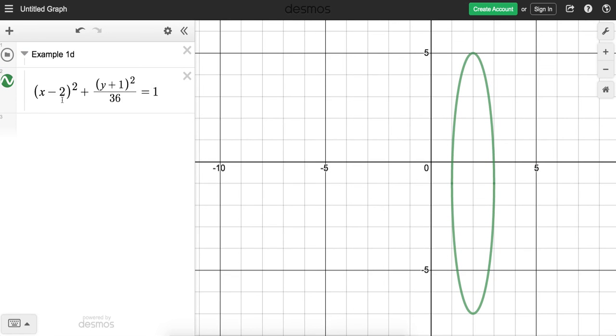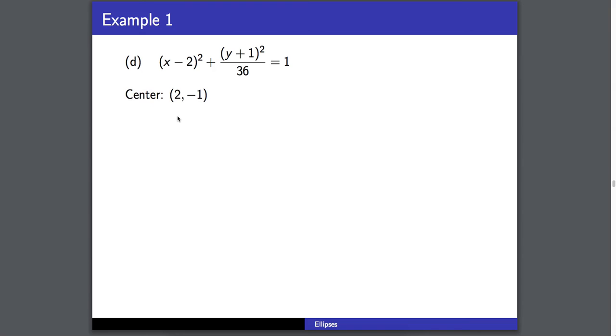Again, we can put a 1 below the (x − 2)², and the bigger denominator, 36, is below the y. So because the bigger denominator is below the y, that means our ellipse is going to be tall. And because there is such a difference between 36 and 1, it's going to be significantly taller than it is wide. But in any event, our center is at (2, −1).